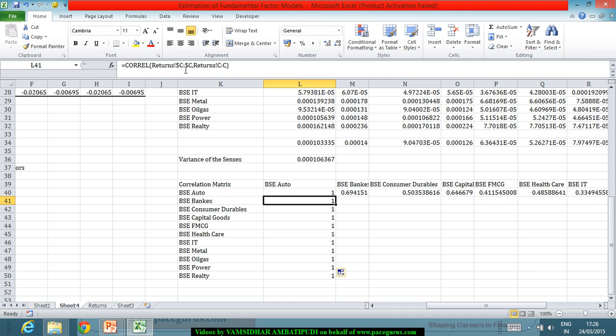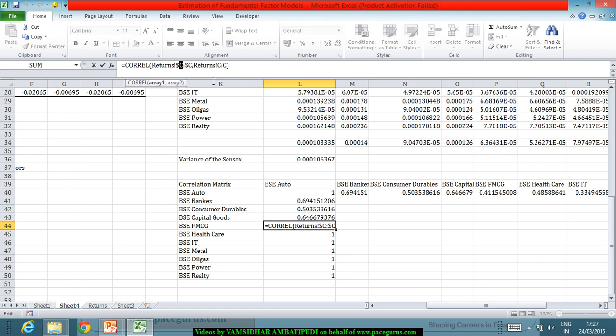So let me change it, just like the way I changed it in the case of covariance across. Let me change the column references in the case of correlation also, so that I get the pairwise correlation between each of the pairs. There could be many other ways, but rather than the spreadsheet, our intention is to understand the broader concept.